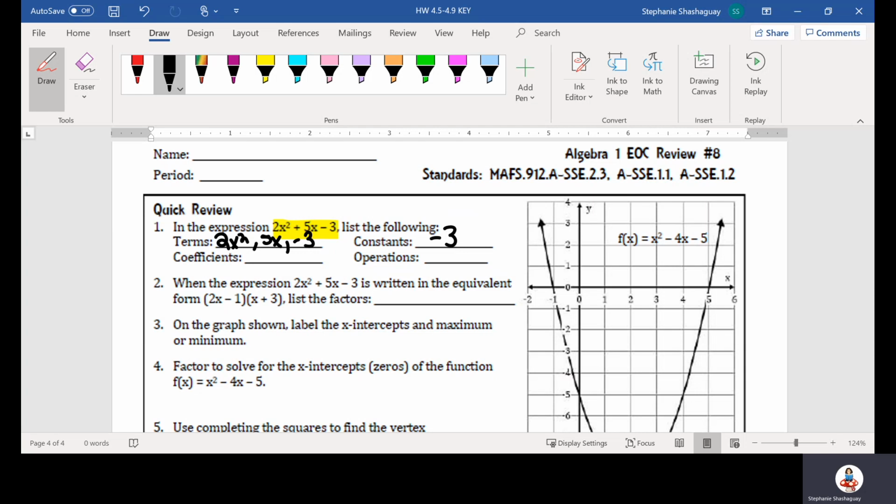What are the coefficients? Coefficients are the numbers in front of the variable, so that would be 2 and 5. And what are the operations? Well, between the coefficient and the variable, you have multiplication, and then you have addition and subtraction.